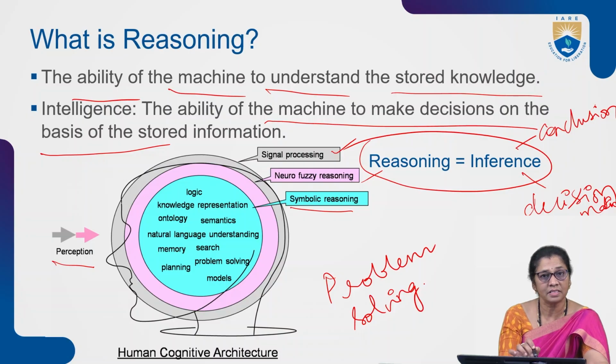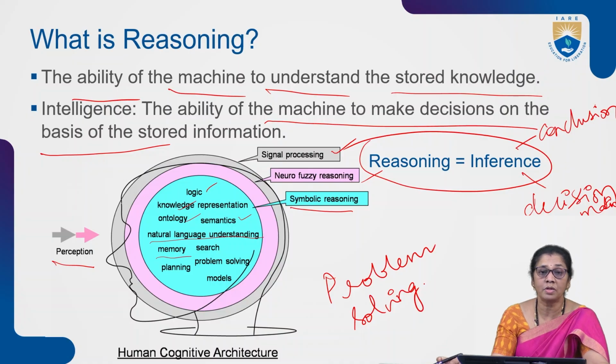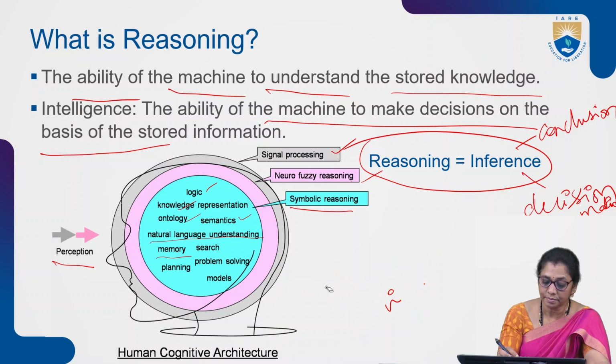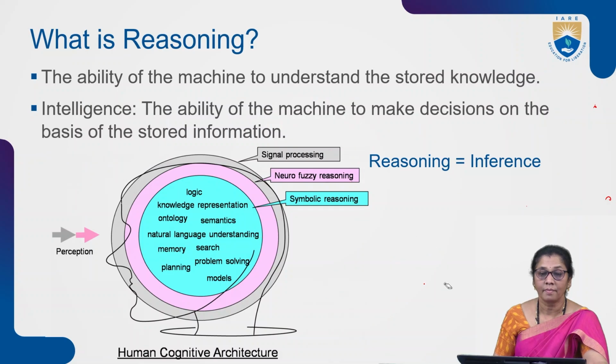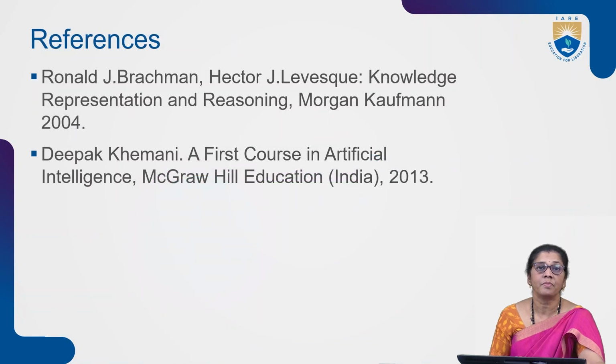Our reasoning is symbolic. So what do we cover here? Logic, knowledge representation, ontologies, semantics, natural language understanding, and memory. And all these are used for problem solving and even for searching. So this is how important reasoning is to make decisions or to solve any problem.